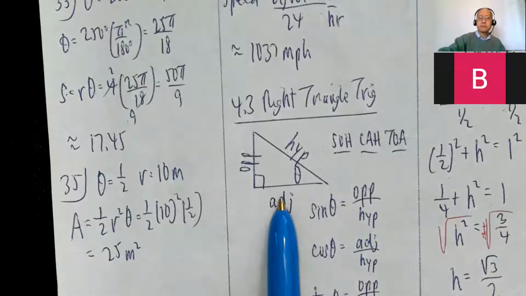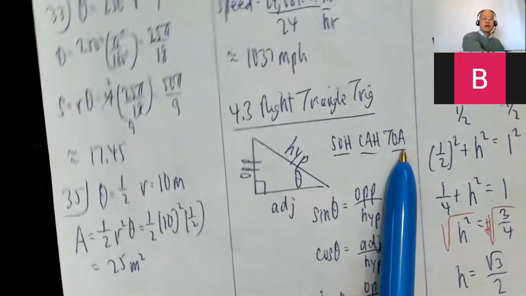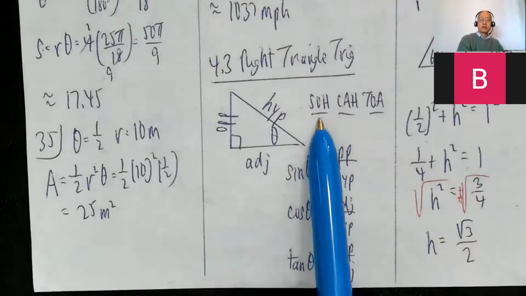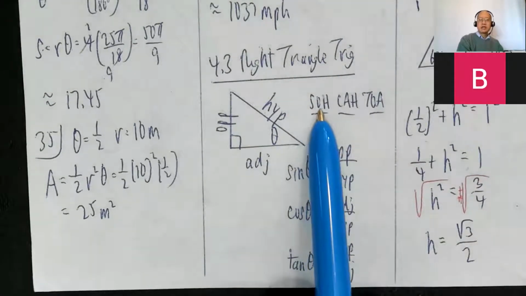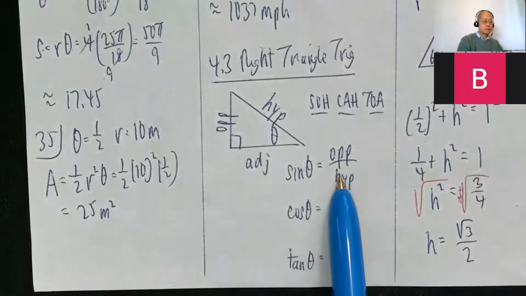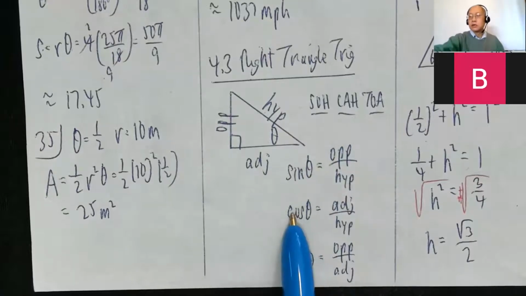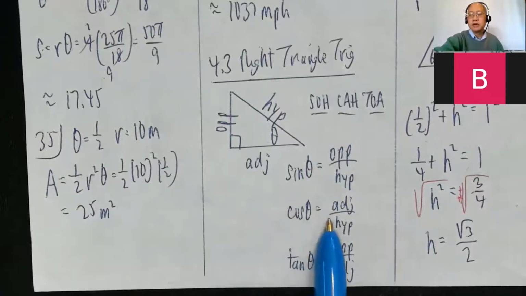Then you've probably heard of SOHCAHTOA maybe. If you haven't, that's okay. So what is SOHCAHTOA? Sine is the opposite over the hypotenuse. Sine of theta is the opposite over the hypotenuse. CAH, cosine of theta, adjacent over hypotenuse.